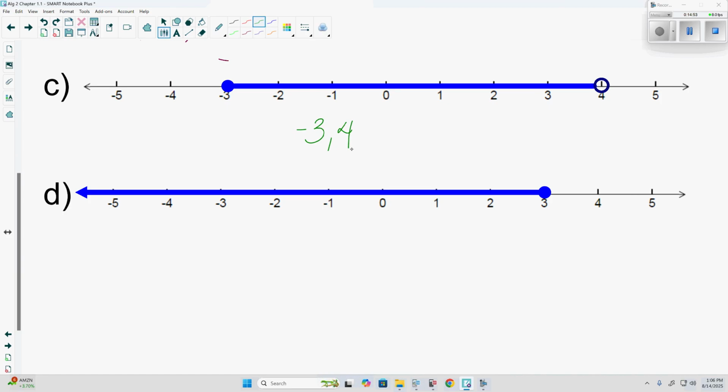So we can either at this point have two brackets, one bracket and one parenthesis, one parenthesis and one bracket, or two parentheses. The sign next to -3, would it be a parenthesis or a bracket? Bracket, because it's included. How about the 4? Parenthesis. And that's it.